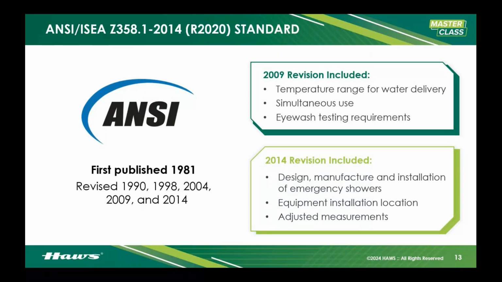Simultaneous use requirements, eyewash testing requirements, still an issue with people understanding what's required and actually performing the tests. In 2014 was a lot of changes that were geared towards manufacturers, standardization, installation of emergency equipment, location and adjusted measurements, and so on. So a lot of good stuff in the 2014 edit as well.